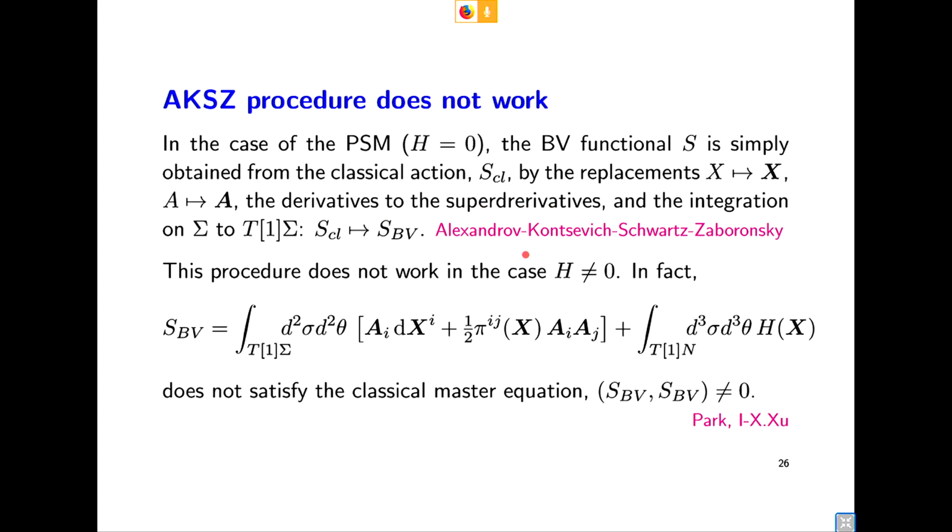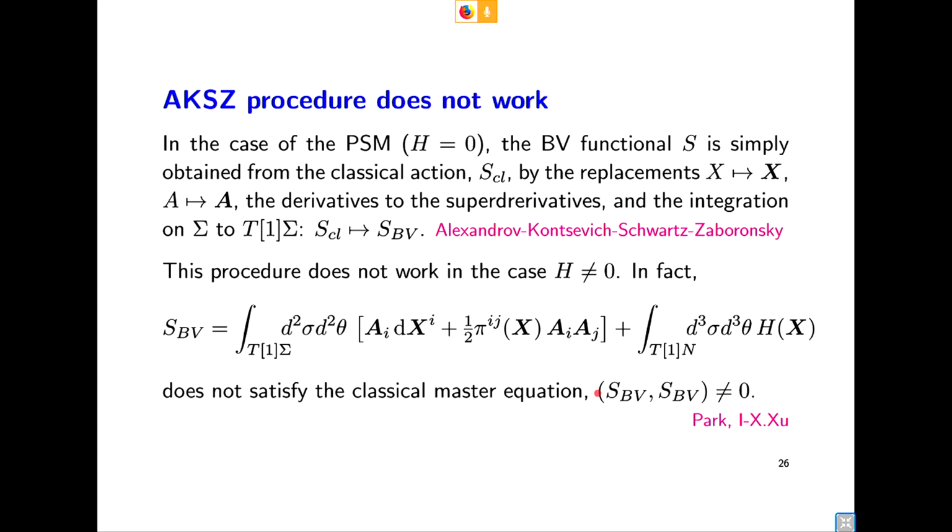If all the things are replaced with super derivatives, we easily obtain the classical BV action. This is the AKSZ procedure, but this procedure doesn't work in the case where H is non-zero, because this is the simple replacement.